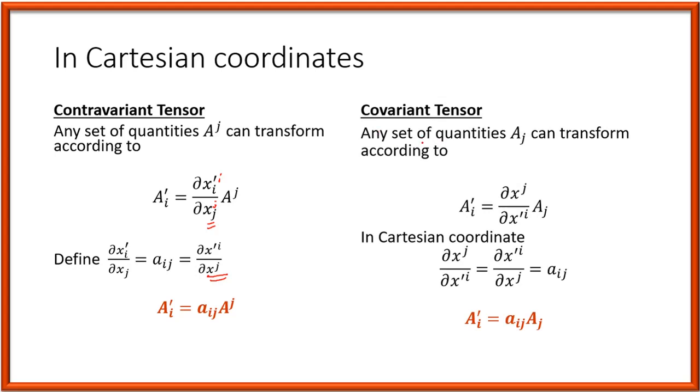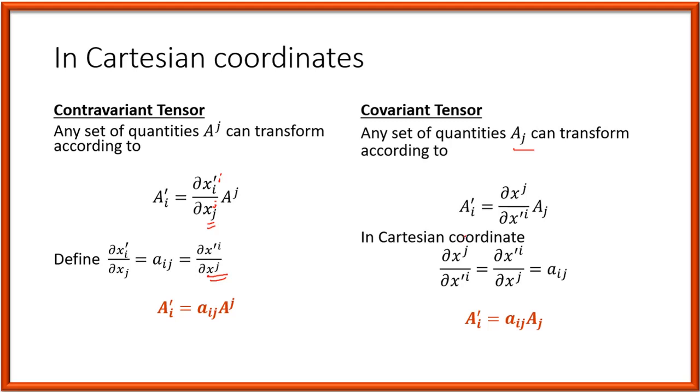Now, let us define the covariant vector. So, a covariant vector aj is a component of a vector. See, the vector is not the one which is transforming, only the component of the vector which is transforming. So, the component of a vector can change according to the equation dou xj dash divided by dou x dash i is equal to ai dash.